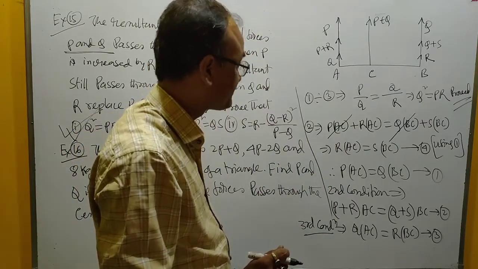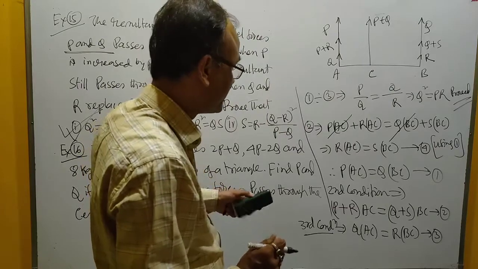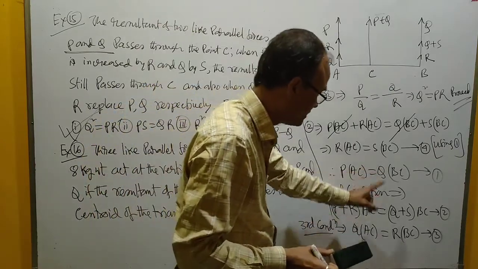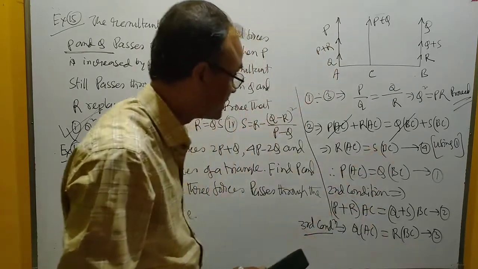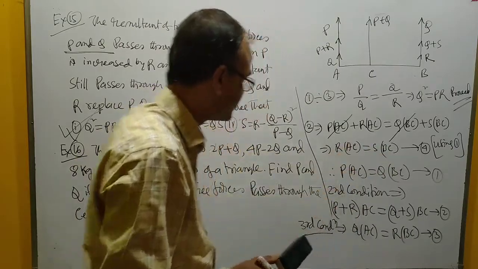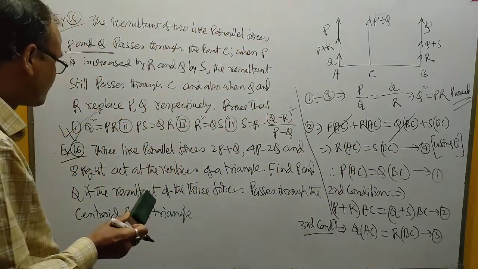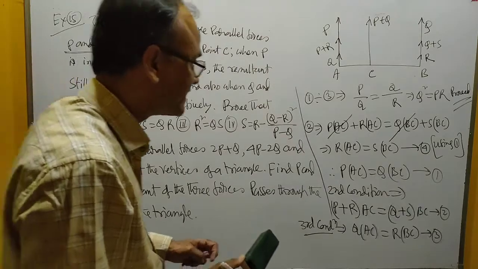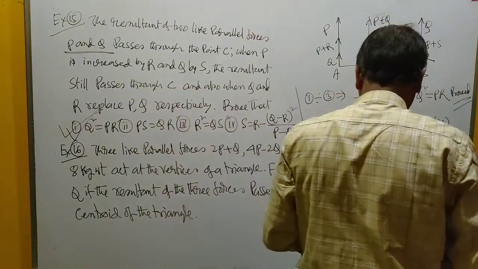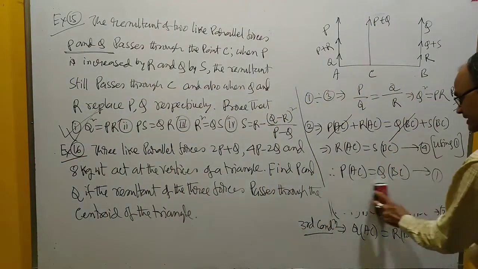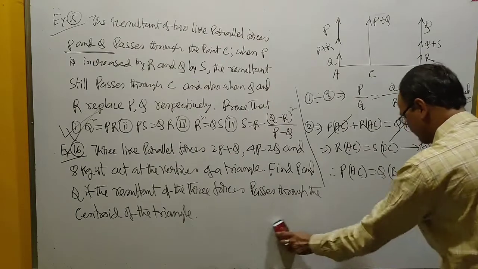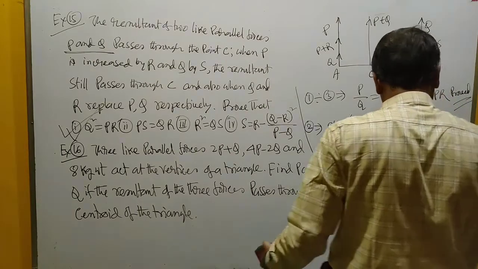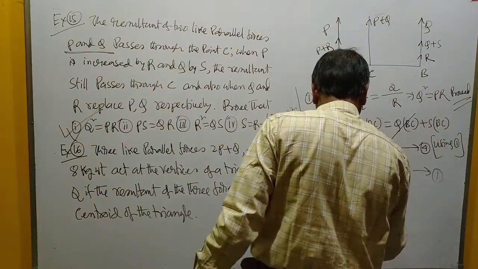Now, dividing 1 by 4, AC will be cancelled.